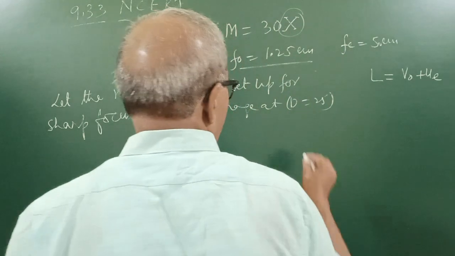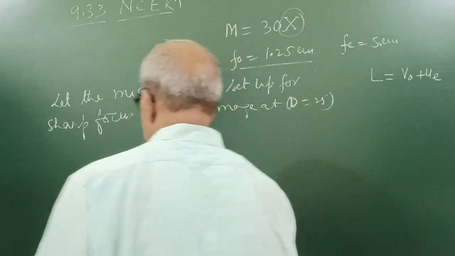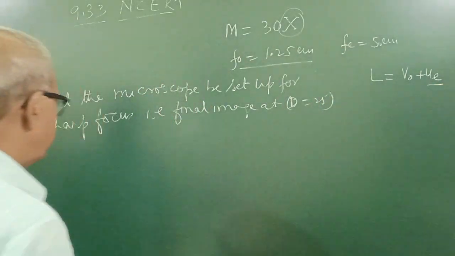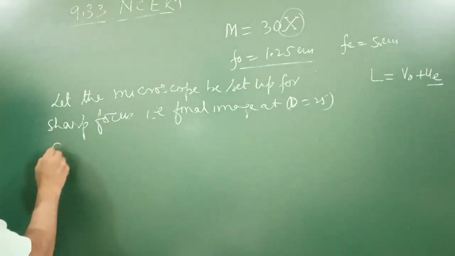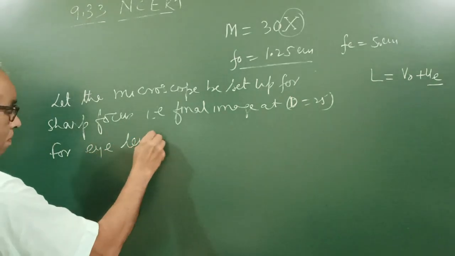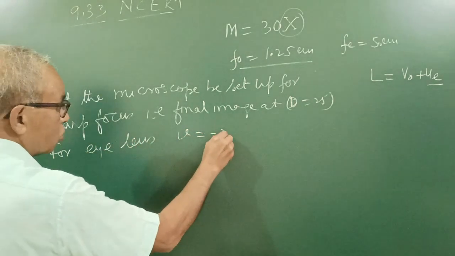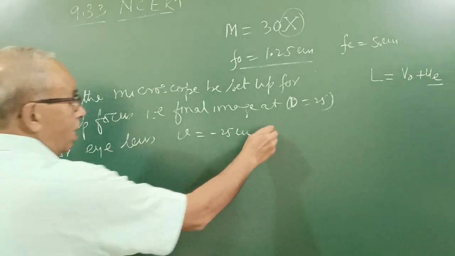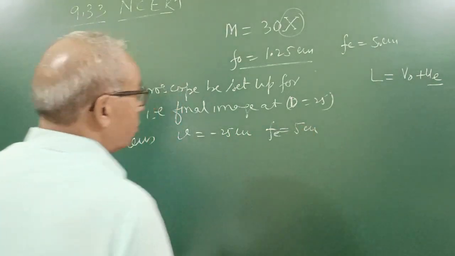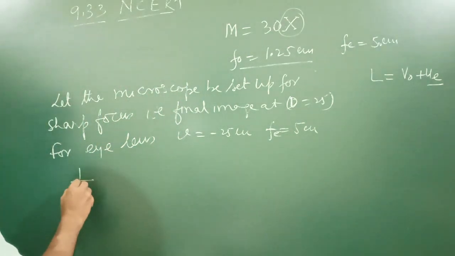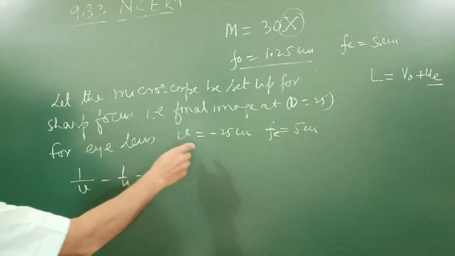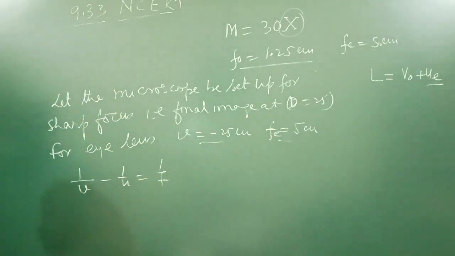Who forms the final image? The eyepiece. So we first find UE. For the eye lens, V equals minus 25 centimeter, F equals 5 centimeter. What is UE? Lens equation: 1 upon V minus 1 upon U equals 1 upon F. Put these values here and get UE.